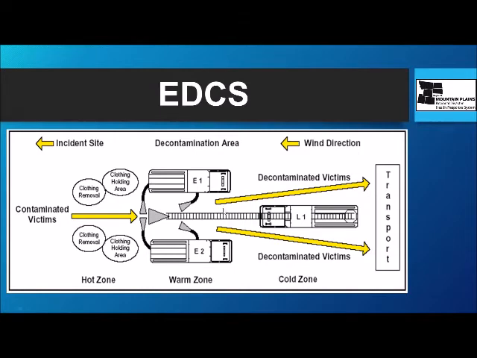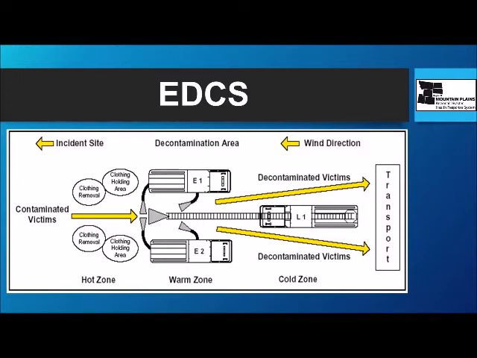The contaminated victims in the hot zone remove their clothing. Clothing is kept in a holding area labeled with the victim's name. The victims walk towards the right between two fire apparatus, which have hose set up and low pressure, high volume water showering, basically.